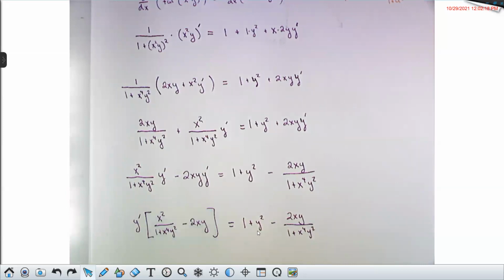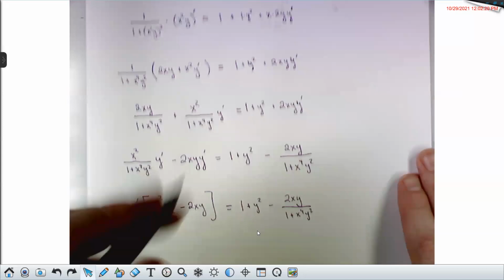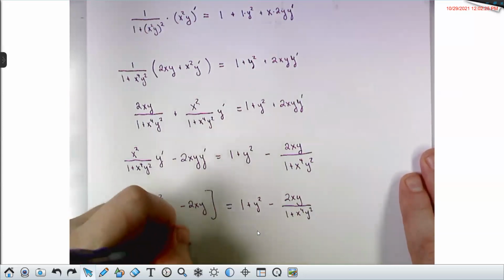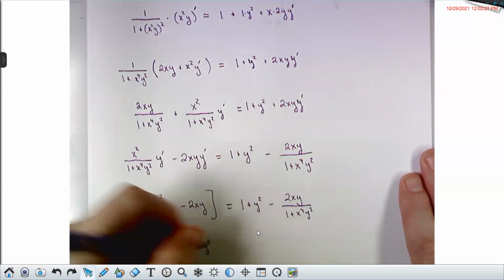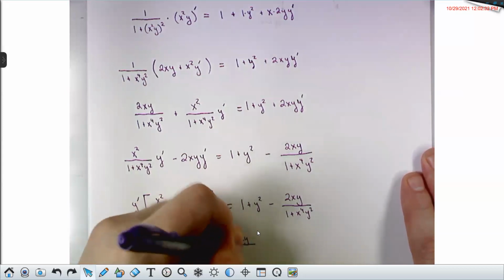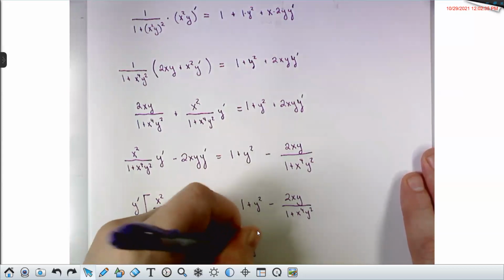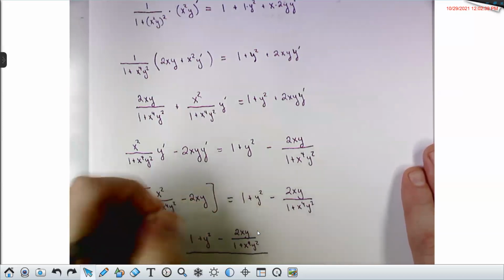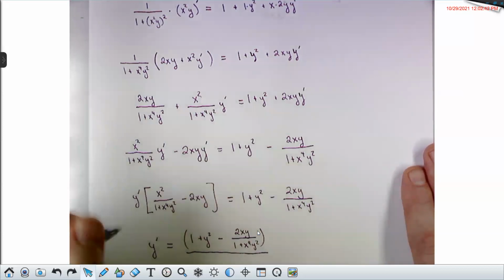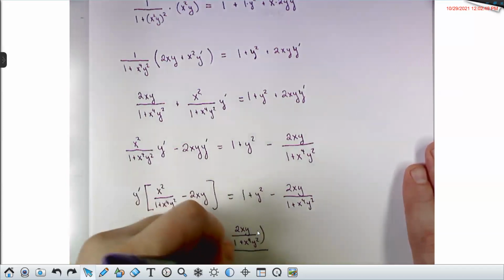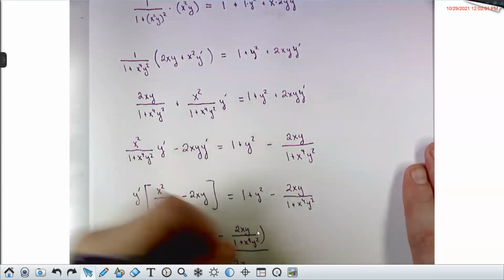We can try to clean it up some from there, but you could officially declare victory at this line: y prime equals 1 plus y squared minus 2xy divided by 1 plus x to the 4 y squared, all divided by x squared over 1 plus x to the 4 y squared minus 2xy.